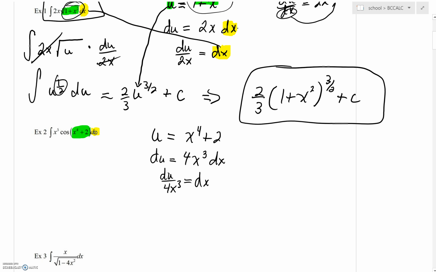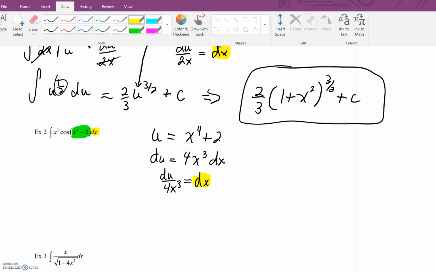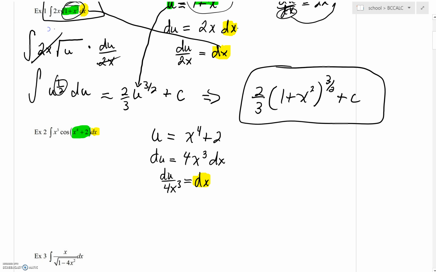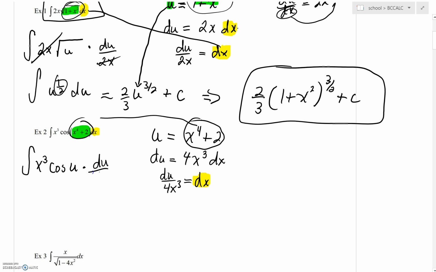My dx, I know what that is now. So we could real quickly come back to this problem and say, well, I've got my x cubed right here. I've got the cosine, but in green, this thing I could really just call u. And my dx is really du all over a 4x cubed.